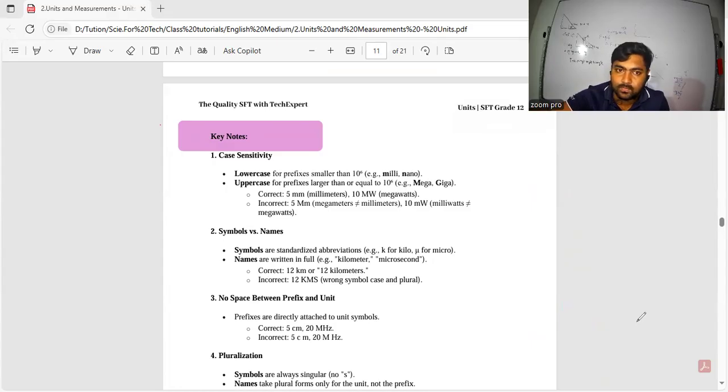Standard rules for writing units and symbols. Write the first one.